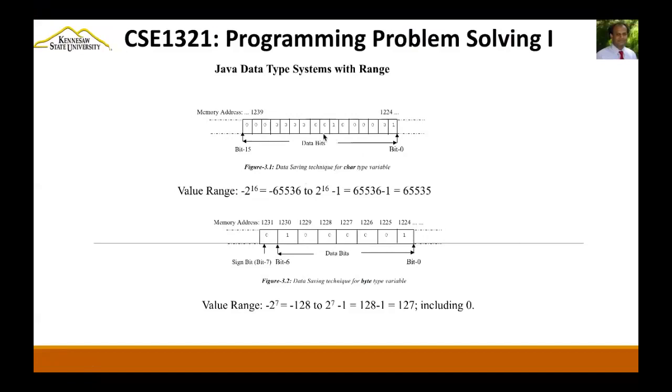When you say char X, then X takes 2 consecutive memory bytes. For instance, this is 1 byte, this is a second byte, this is a third byte, this is a fourth byte. So these take 2 consecutive bytes.